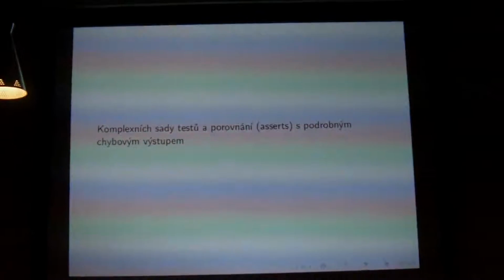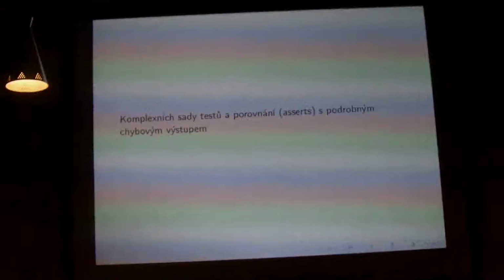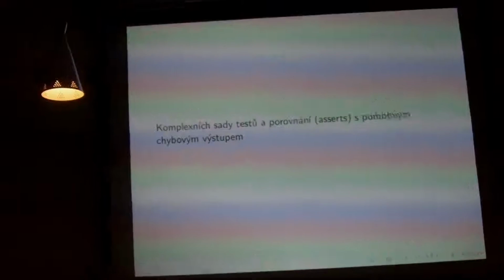And if you want to, you can provide additional methods, like for testing hovercraft and so on. So the punchline is that you can write complex test suites in unittest and use the assert methods to get quite handy error output when something fails.